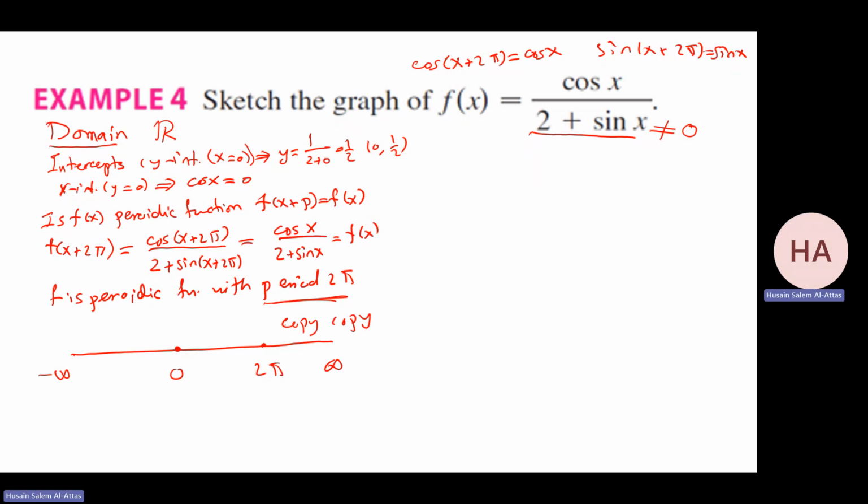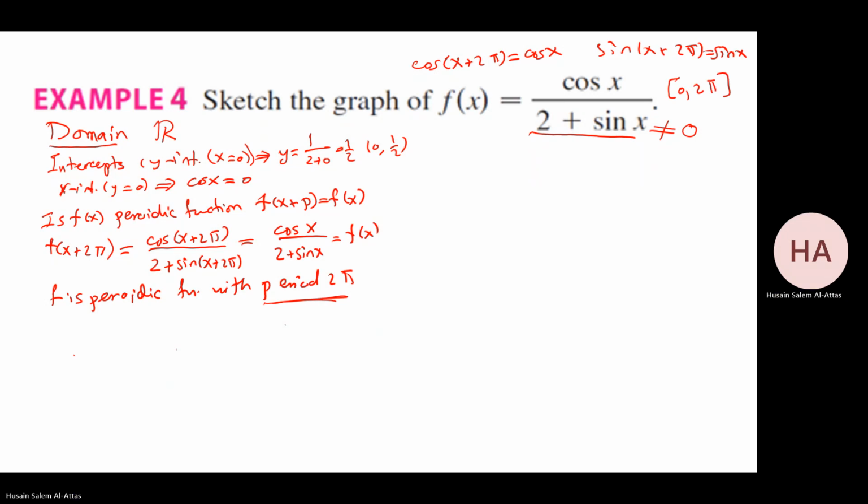Sine x, if you graph it between 0 and 2 pi, you can just repeat that. So I'll work out this function from 0 to 2 pi, and my graph will be just a copy of this interval.